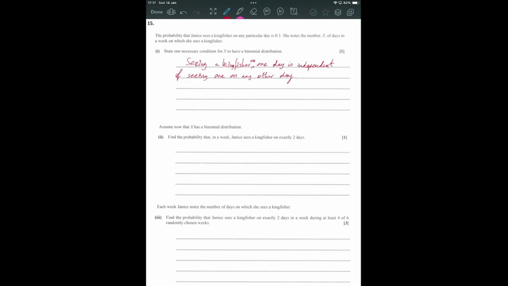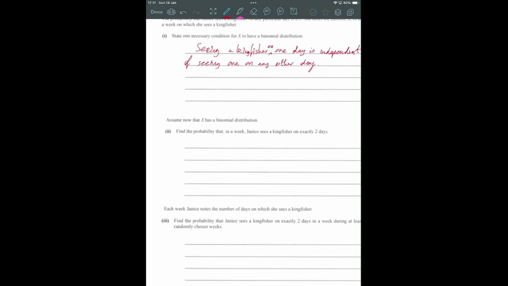We're going to assume that x now has binomial, find the probability in a week we see it on exactly 2 days. First thing I always do is write down the distribution. So we're binomial, 7 days in a week, 0.3 chance. We want the probability that x is equal to 2, so I'm going to use BPD, 2, 7, 0.3.